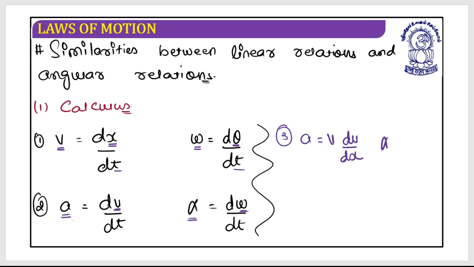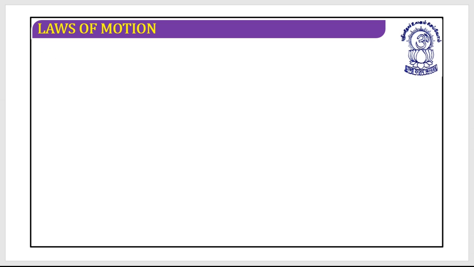In the same way, alpha could be written as omega multiplied by d omega by d theta. Is it clear? Yes. So these were the differential calculus relations relating the linear world and angular world, or similarities. Now let's look at the integral calculus.